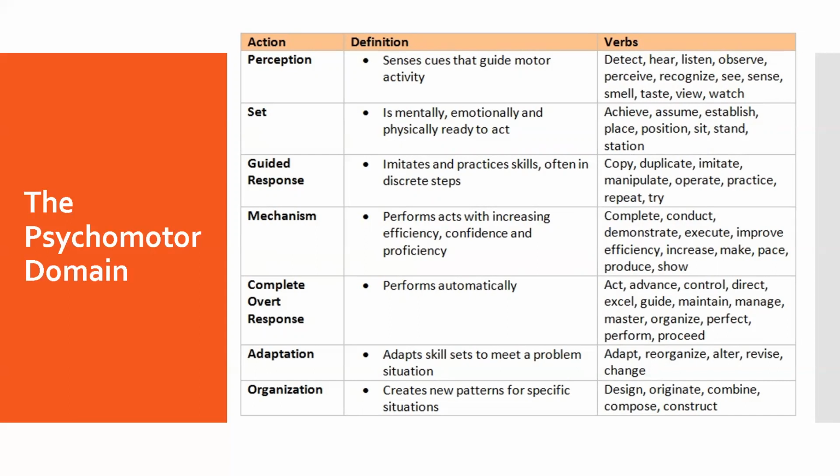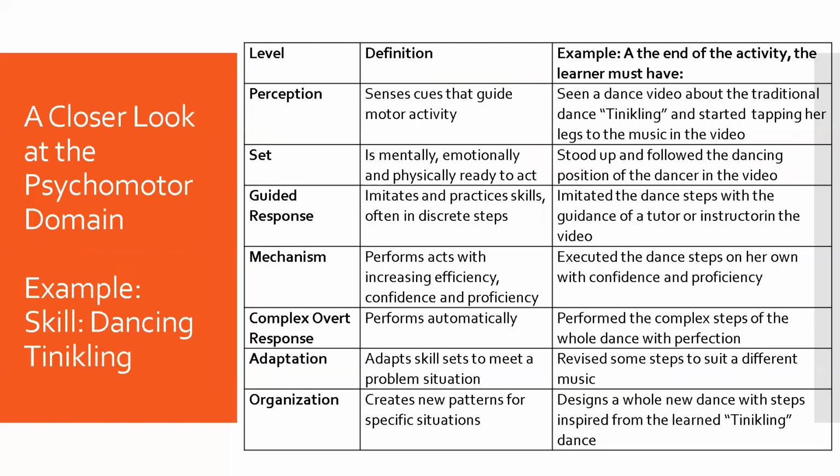While in the last level, organization, the person or the individual now tries to create a new pattern of movement or skill for a specific situation. So let's look at the examples.